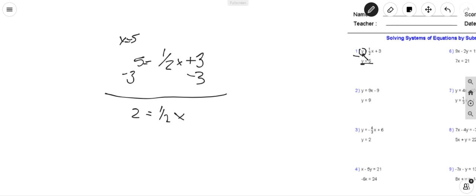And since this is 1/2, if we multiply it by 2/1, it would equal x. And when we do something to one side, we have to do it to the other side, so this would equal 4.